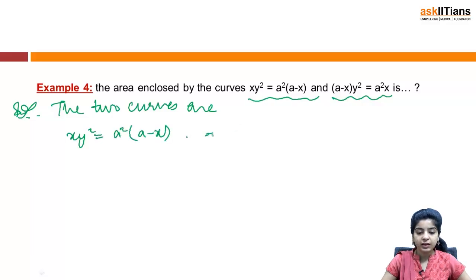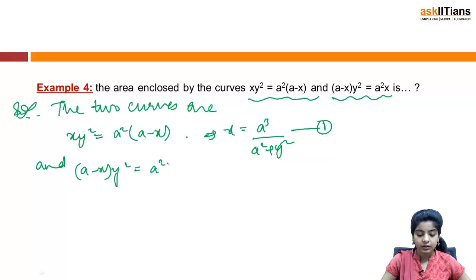If I take my terms of x on this side, I have x (y square plus a square) is a cube, so x is a cube by (a square plus y square). Then the second one is (a minus x)y square is a square x, so this gives me x is a y square by (a square plus y square).